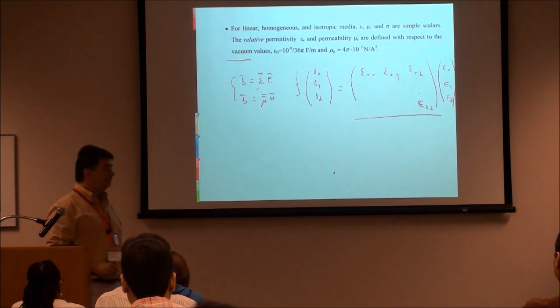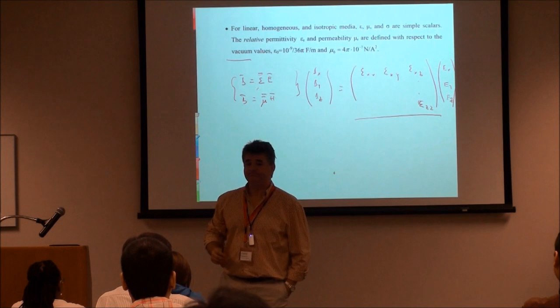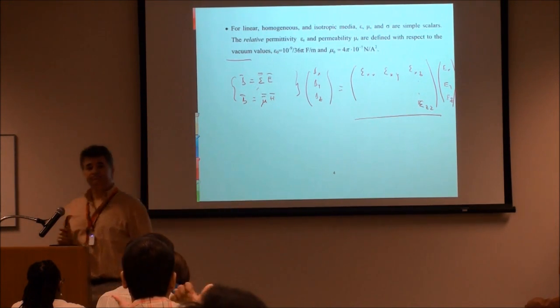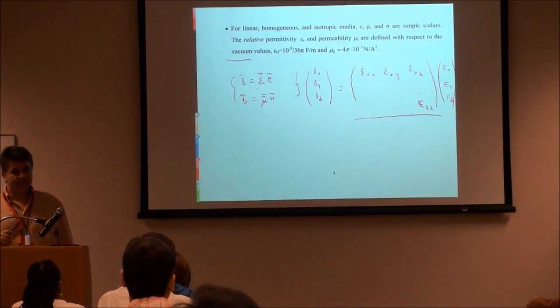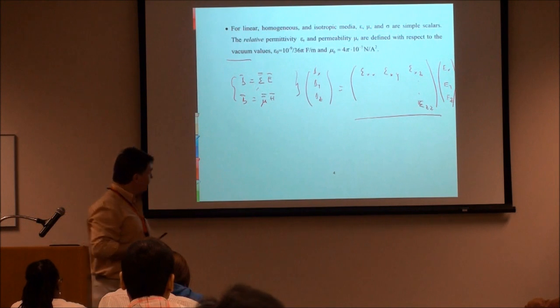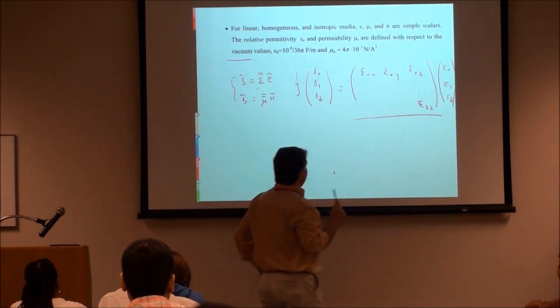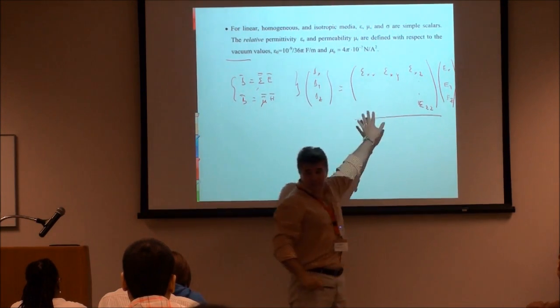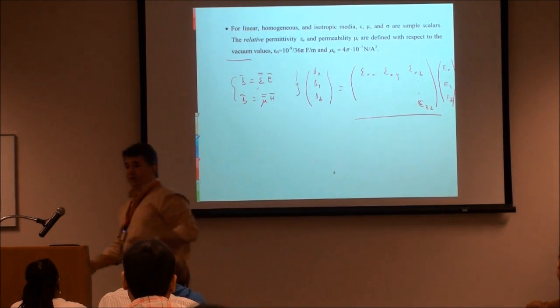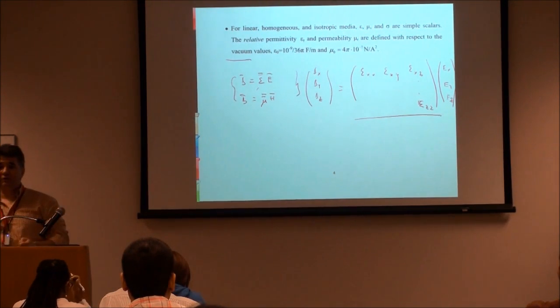What does it mean? Different directions. The properties are different along different directions. Very good. So that means the response of the medium, shown in that matrix, is different along different directions.